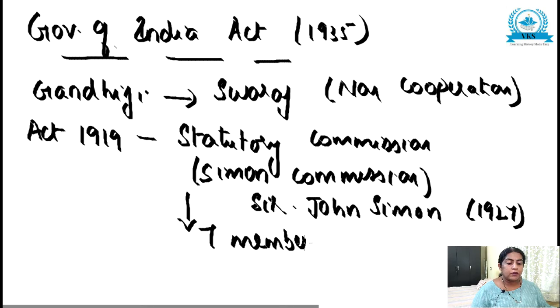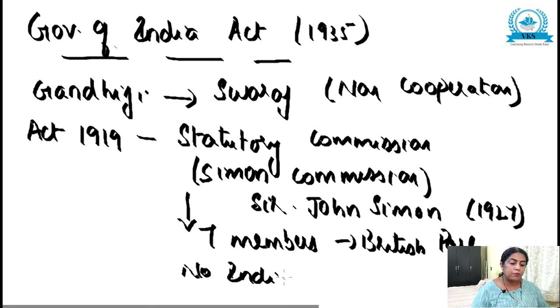7 members from the British Parliament, and it is said that there was not even a single Indian member. That is why there was a lot of protest against this commission, and "Simon Go Back" was their famous slogan.